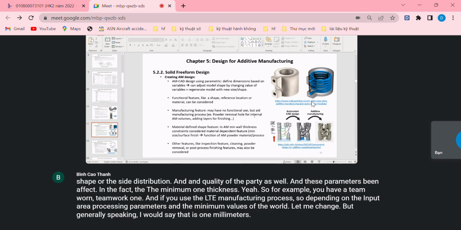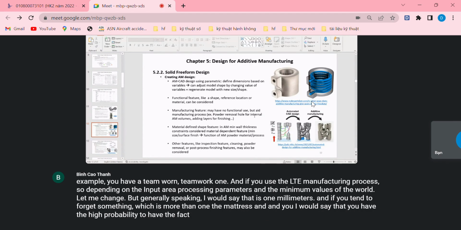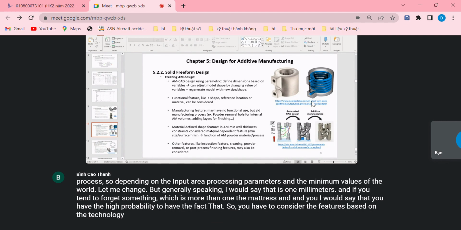And if you tend to fabricate something smaller than 1 millimeter, I would say that you have a high probability of having defects. So you have to consider the features based on the technological capability.